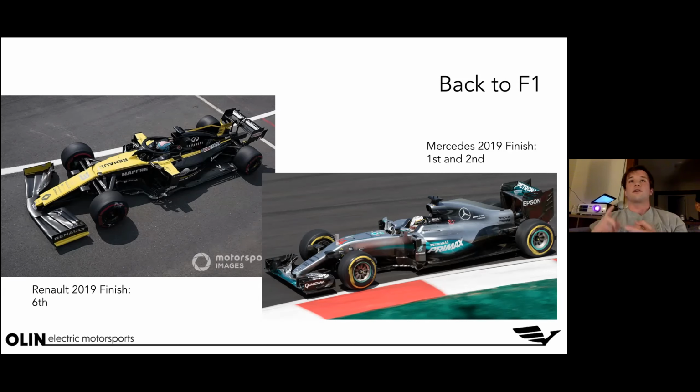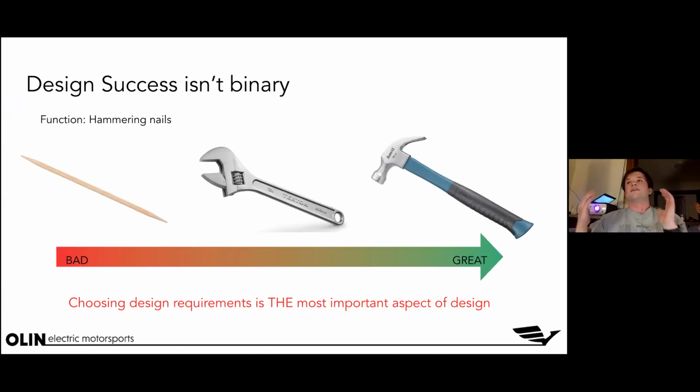Both are trying to go extremely fast, produce a lot of downforce, carry a human, all these things. They look extremely similar, but they obviously function somewhat differently, because here you see the Mercedes car finished first in 2019, whereas Renault finished sixth. And so it evolves from an initial understanding of, oh, it's a good design versus it's a bad design, into a scale, right?